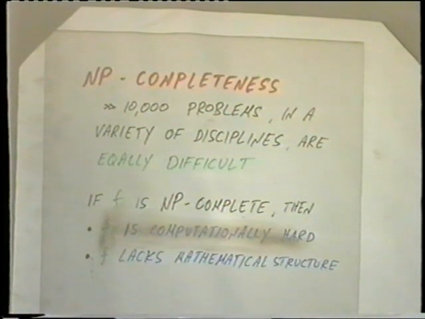And I should say that, 20 years ago, when you proved something was NP-complete, it was usually an excuse to tell your employer, in some software company, that you can just not solve this problem anymore. But today we understand that it's a pretty good excuse for mathematicians not to try to prove a theorem, because usually if you can associate with the problem you are working with a computational problem which is NP-complete, and quite a few of them are known today, then it means that structurally it's difficult.